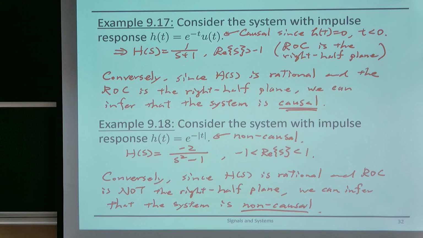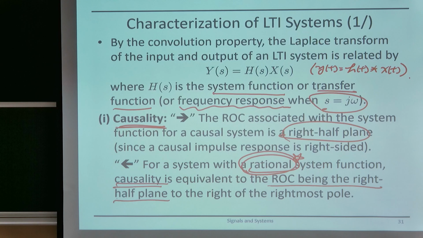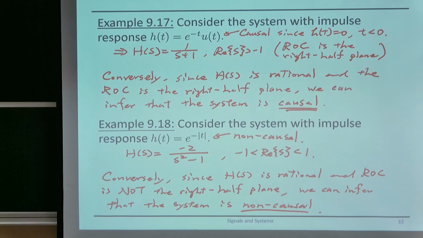And if you observe the Laplace transform, you'll see that the ROC is indeed the right half plane. Because we're looking at a rational system, you can infer that it is causal.